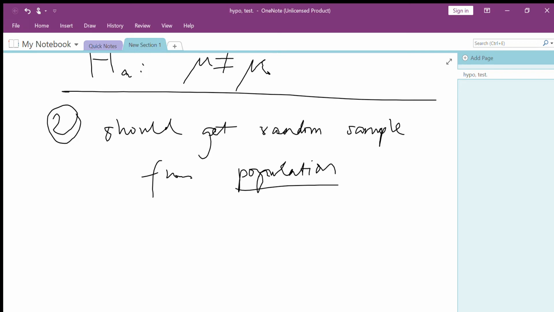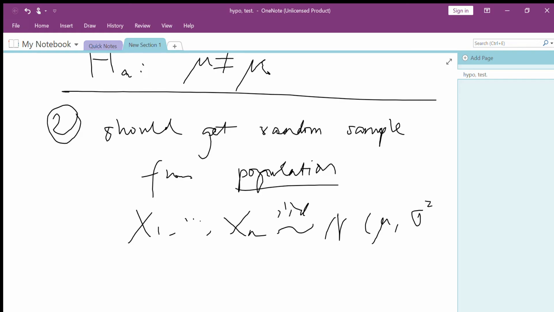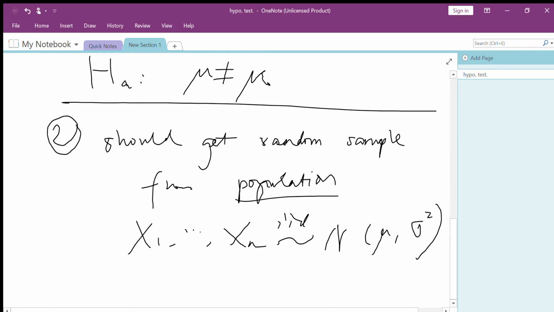So remember, what is random sample? So random sample we usually denote as capital X1 to capital Xn, IID, follow some distribution. So most useful one is normal. Sometimes we specify the parameter mu and sigma square, something like this. So this is just example.